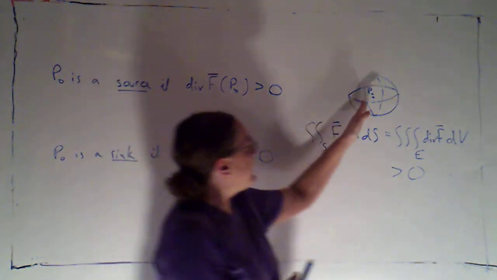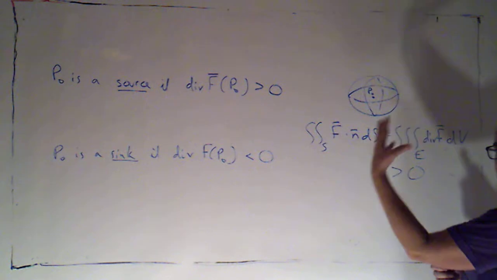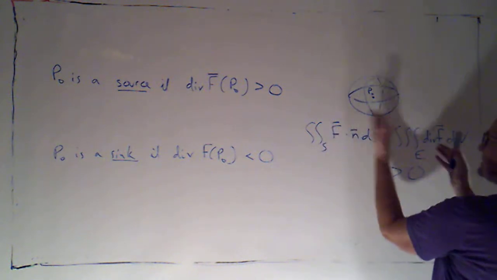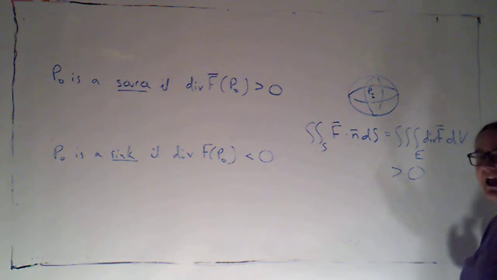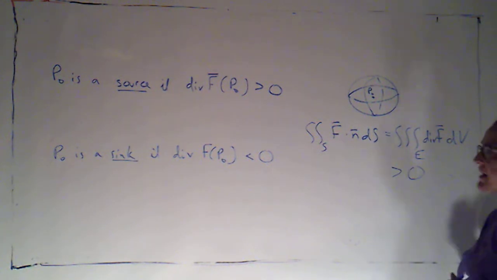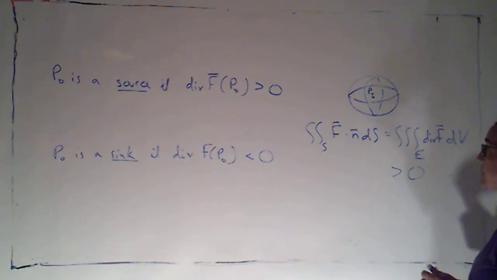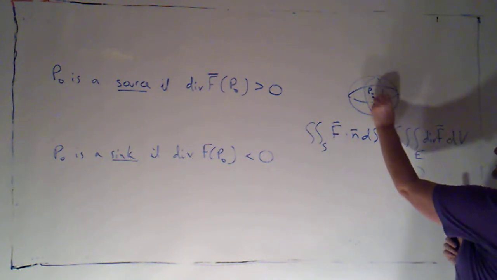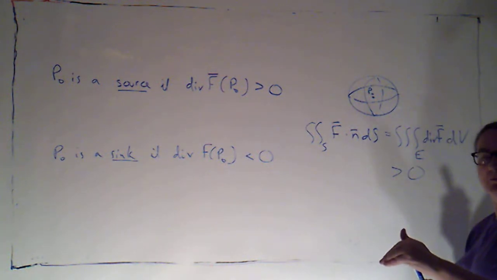And yet, if I've got more stuff flowing out than I have coming in, then suddenly I'm going to have less mass on the inside than I did previously. The only way that's possible is if we say that this is somehow a source. So somehow there's liquid on the inside that got there some way other than flowing in.